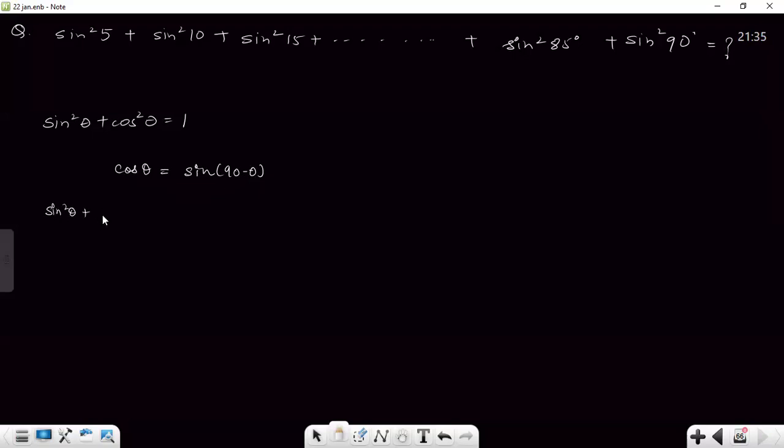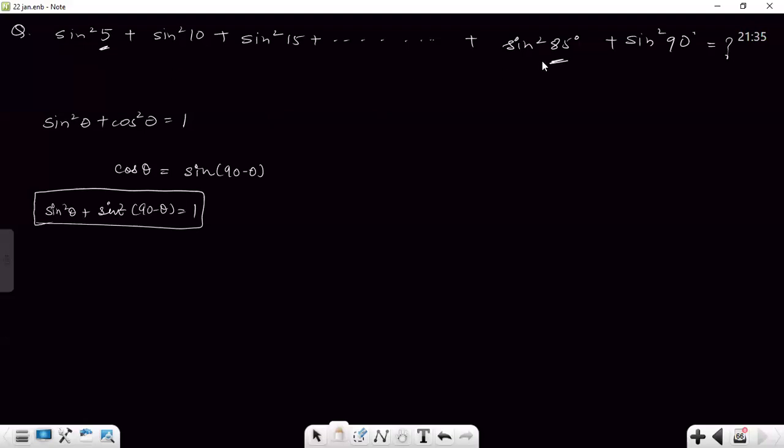Instead of cos theta, we can write sine of 90 minus theta, squared. That should also be 1. So 5 and 85 is 90.